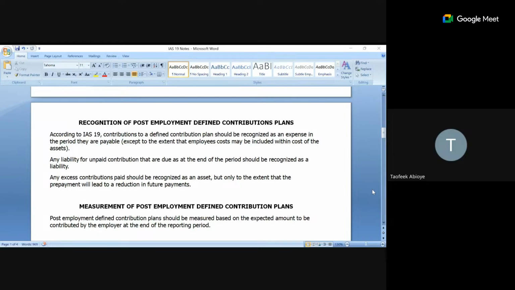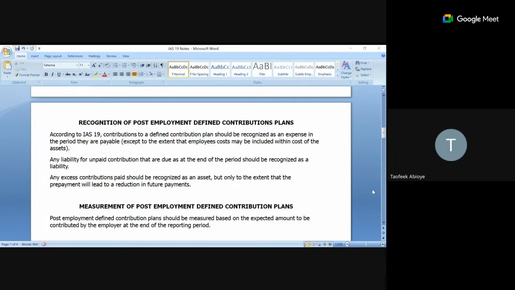So a defined contribution plan is that if you want to use that, it's a defined contribution plan. Because what we said is that it is only that 10% the employer is going to contribute. At the end of your 30 years, if your pension account exceeds that 10%, it does not concern the employer. They have contributed that 10%.